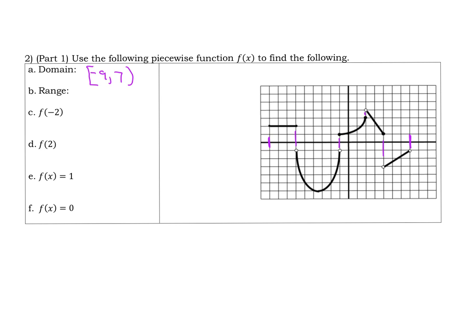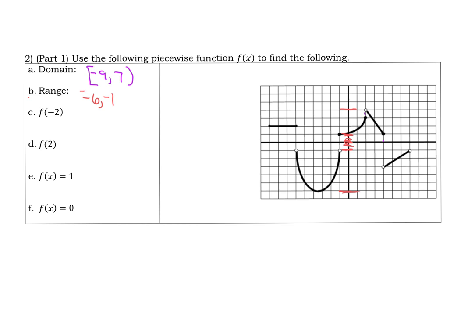Now my range is from bottom to top. And so when I do my range, I'm down here at the bottom, and then there's a gap to here. So this is the gap, and then that's the very top. So I'm going to have two pieces of my range. So the bottom is at -6, and it goes up to -1.